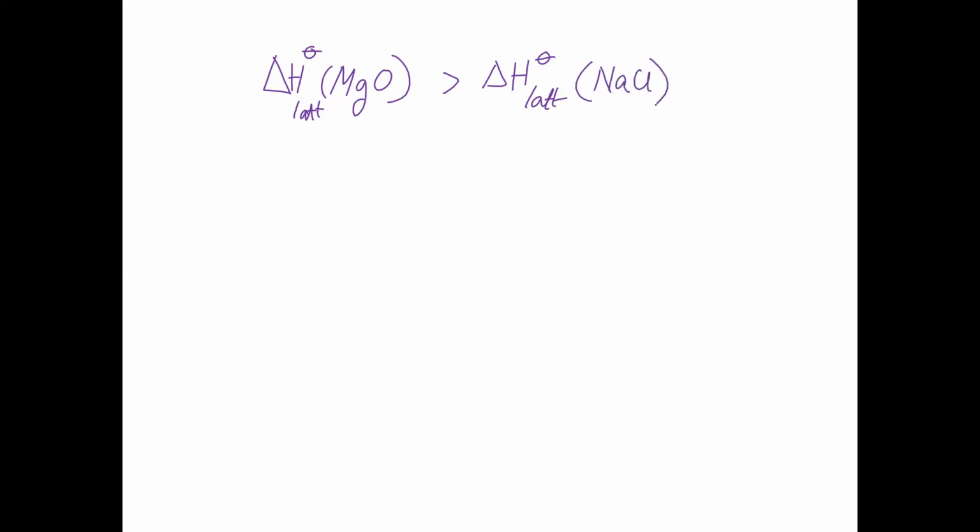Now look at this example: delta H lattice of MgO is much greater than delta H lattice of sodium chloride.